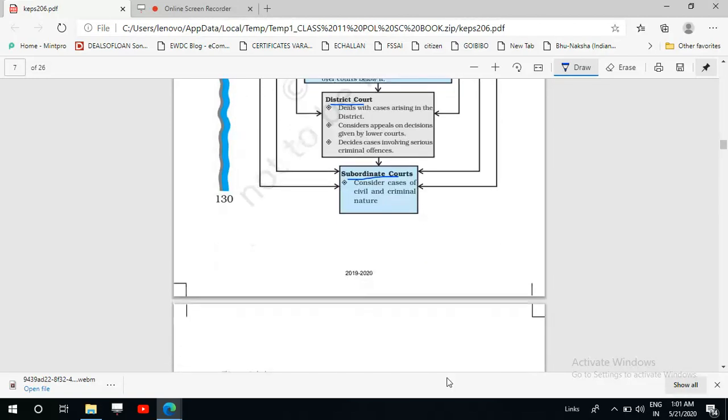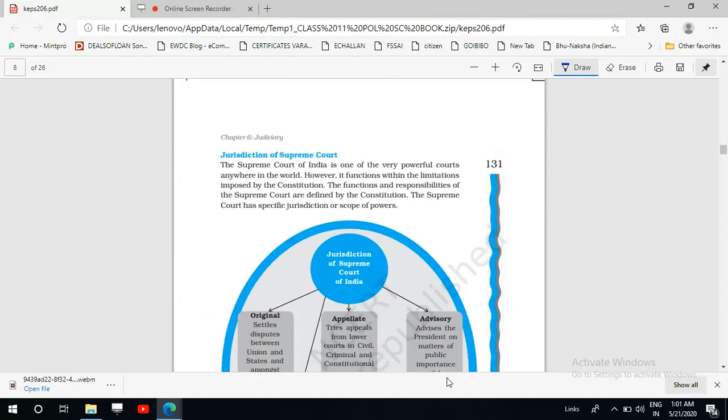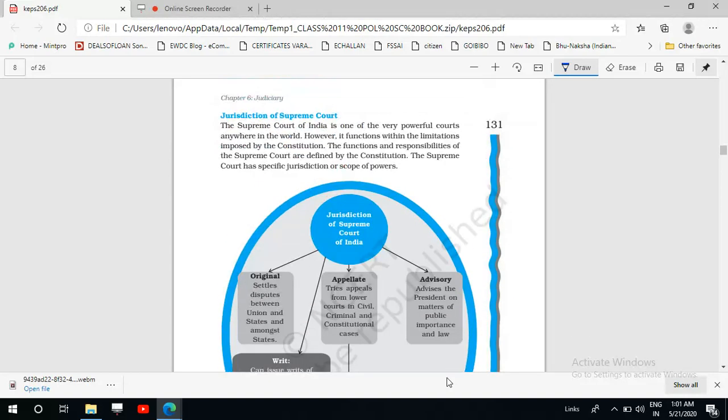Okay, now we will see the jurisdiction of the Supreme Court. What is the jurisdiction? Jurisdiction means its powers. What are the powers of the Supreme Court?